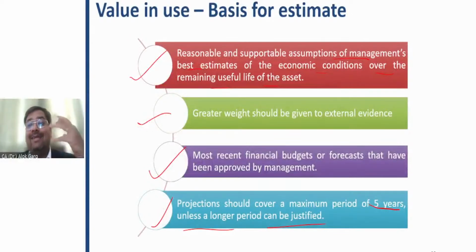Then we have discussed that external evidence should be given more importance in comparison to internal evidence, right? Then we have discussed that the most recent financial budget or forecast has to be taken. Then we have discussed that the projection should cover a maximum period of 5 years, unless a longer period can be justified. Clear?